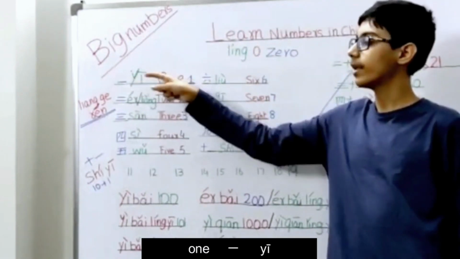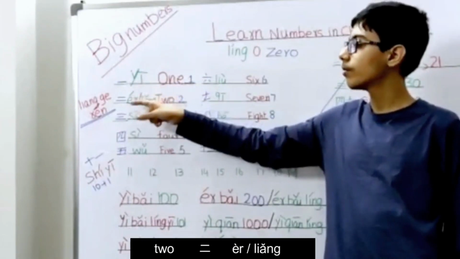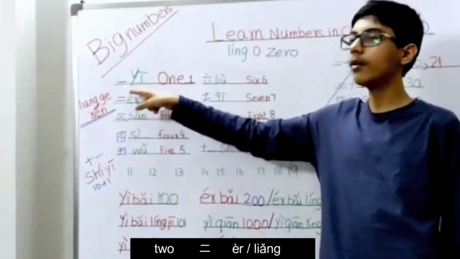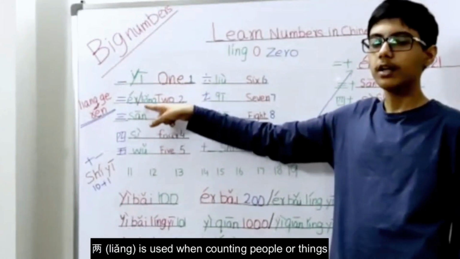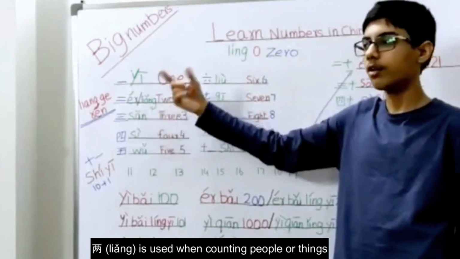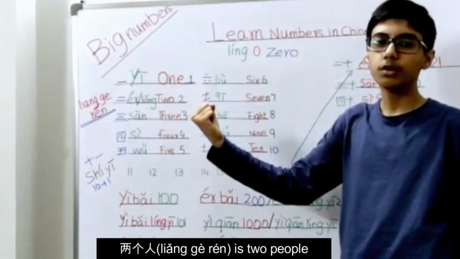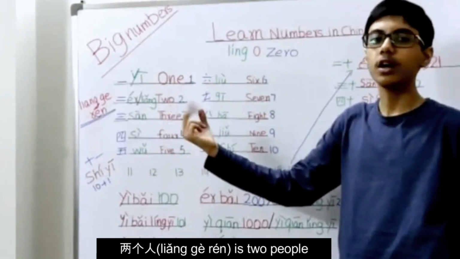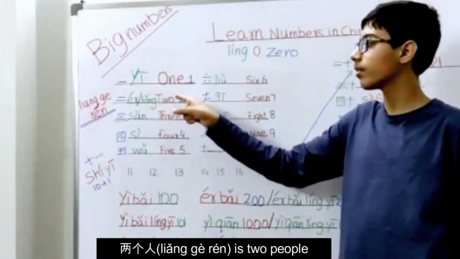Èr means 2. Well, there's another word we should call it Liǎng. Liǎng is used for any person or other things. For example, for 2 people, we call it liǎng gè rén, not èr gè rén. Liǎng means 2.